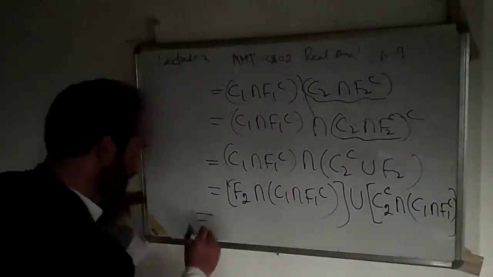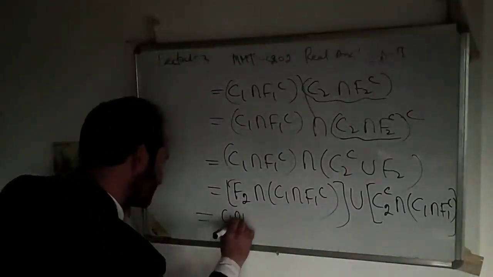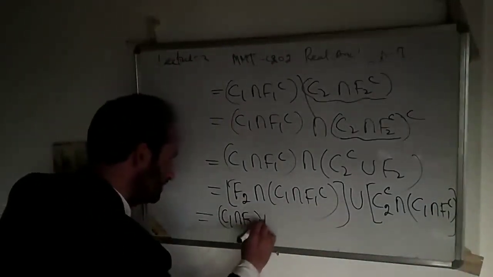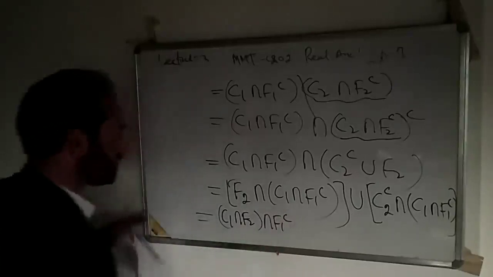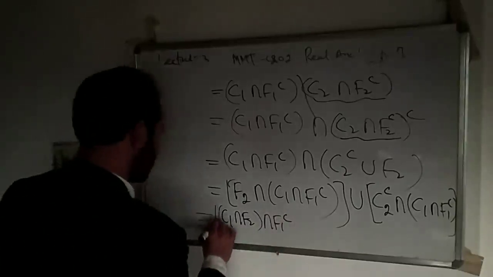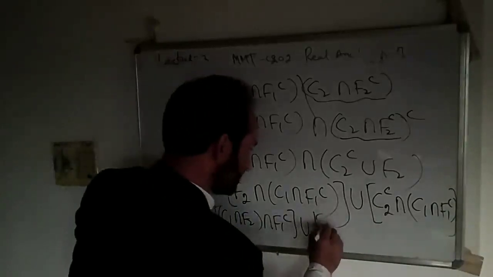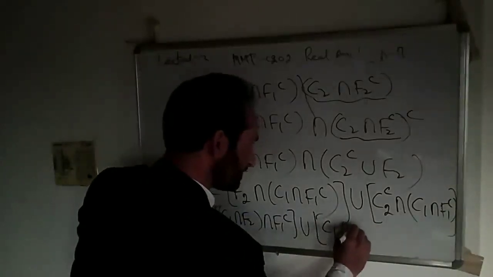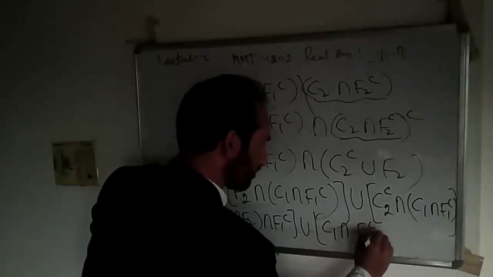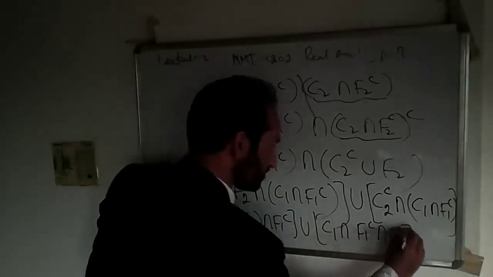Let's write it as C1 intersection F2 intersection F1 complement, union C1 intersection F1 complement intersection C2 complement.